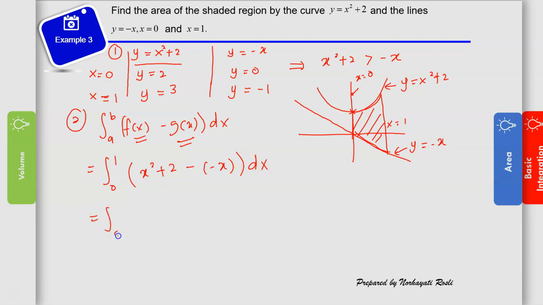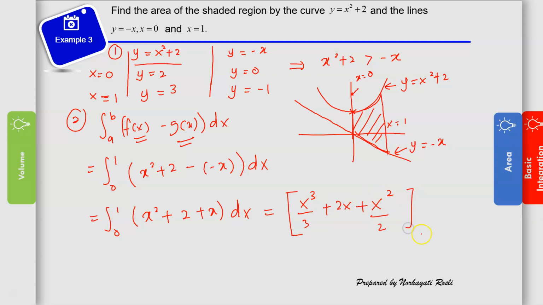When we solve this, we have the integral of x squared plus 2 plus x dx, which is equal to x to the power of 3 divided by 3 plus 2x plus x to the power of 2 divided by 2, with limits from 0 to 1. When we solve this, we get the answer 17 over 6.